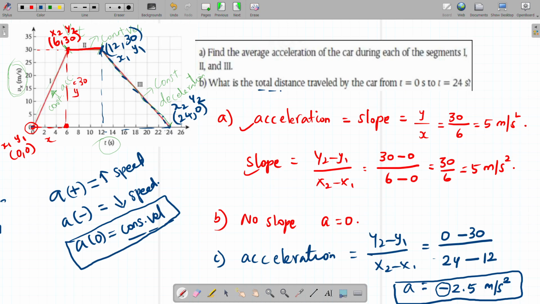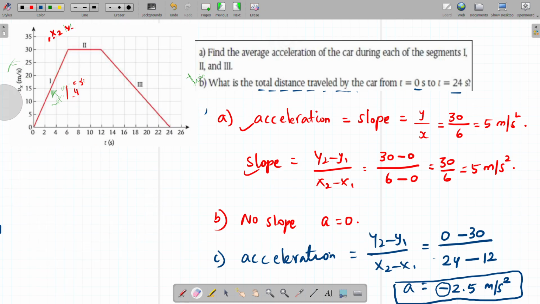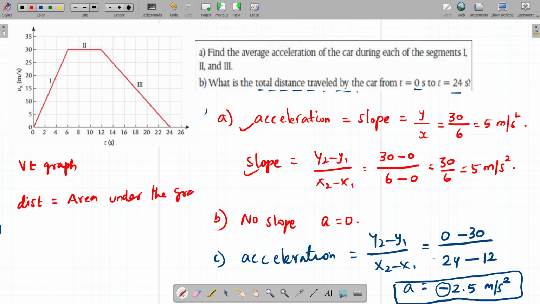Next we have to find the total distance traveled by the car from 0 to 24. So we want to find the distance in the VT graph. If I want to find the distance or displacement, we have to find the area under the graph.